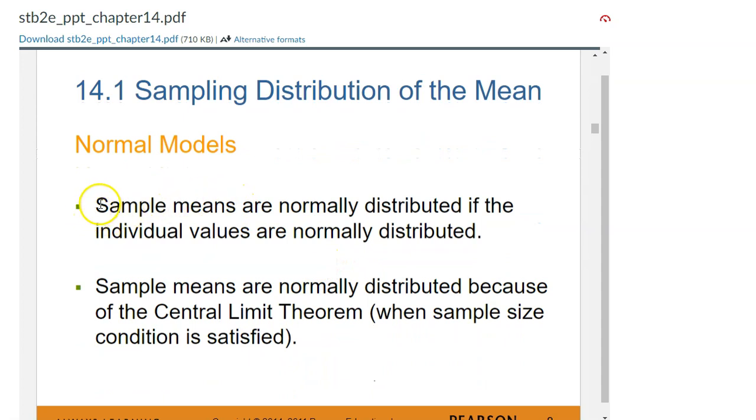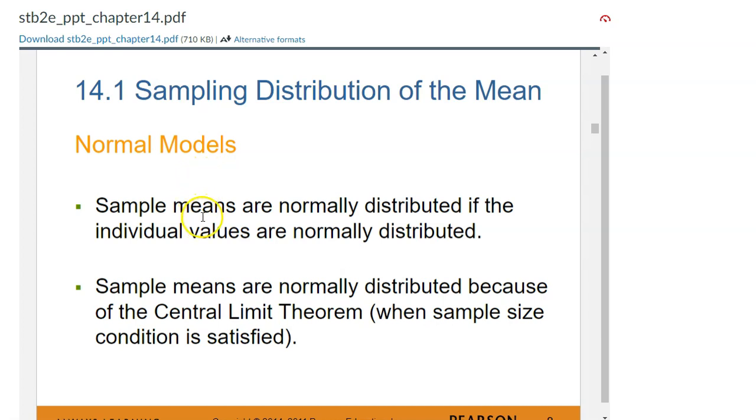Normal models. Another thing that is good when you normalize your data is that you can use any formulas, any rules, and any statistical decision-making processes that require normally distributed data. So when you have normally distributed data, you have a lot of tools that require normality of data, and now they can be applied.